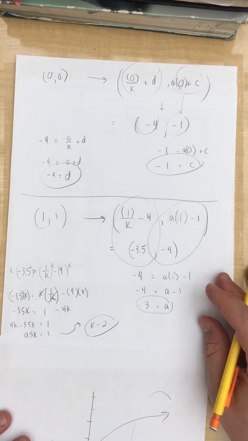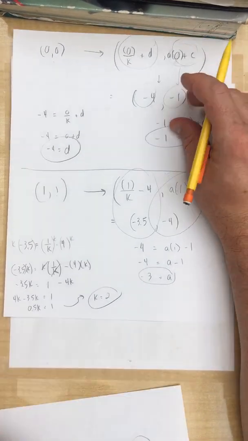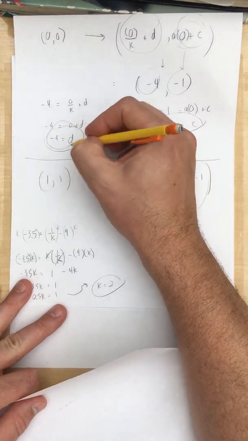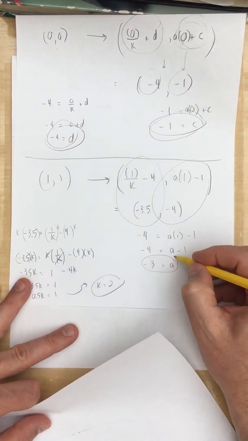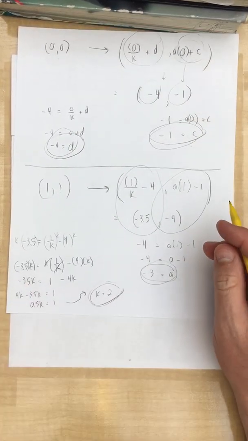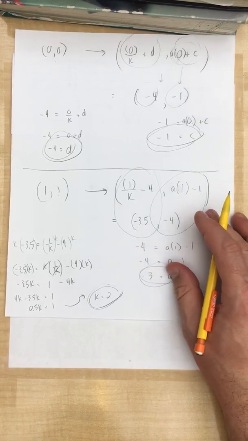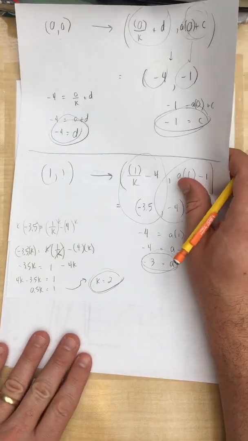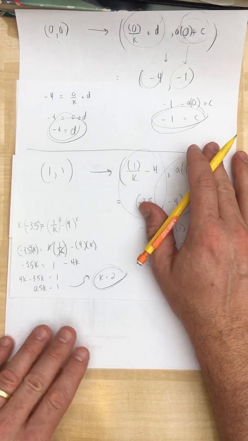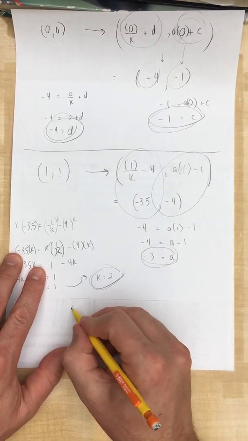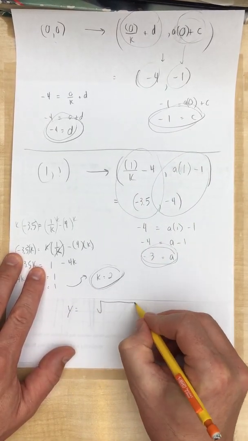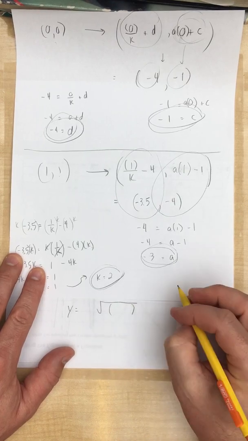Now, I haven't written out the final equation, but I do have a d value of negative 4, a c value of negative 1, an a value of negative 3, and a k value of 2. So when I write this final equation, remember, it's going to be a root function, so y is equal to, I need that square root sign. I need a bracket inside that square root sign.